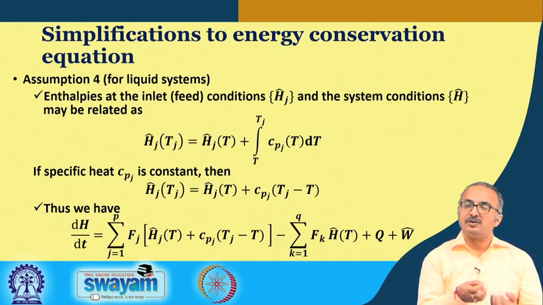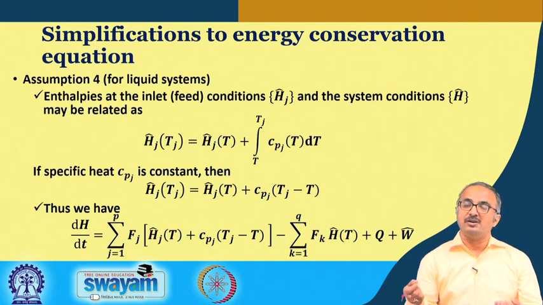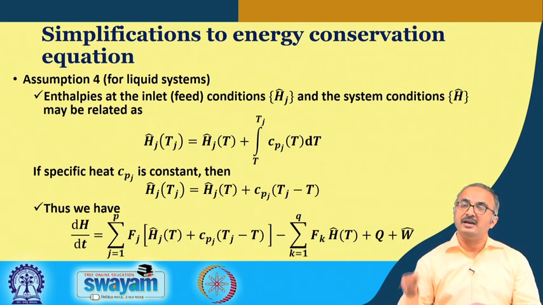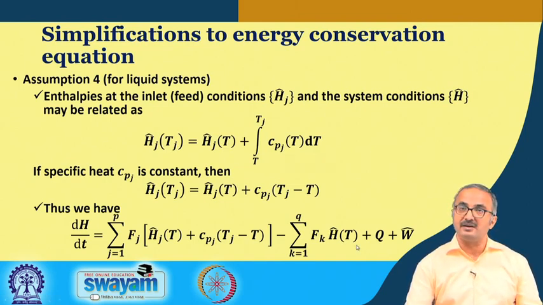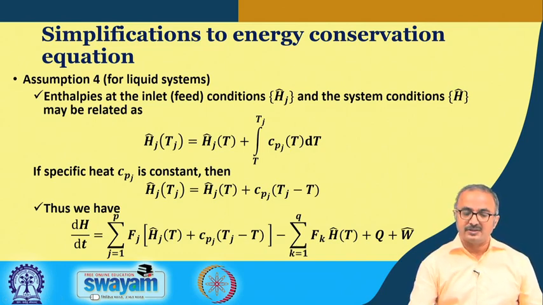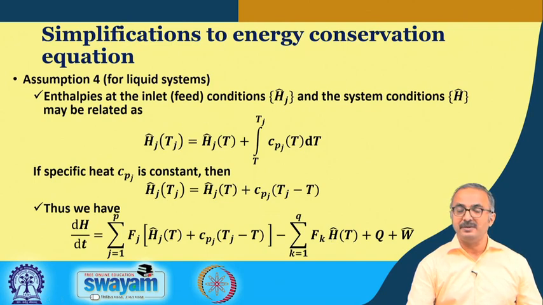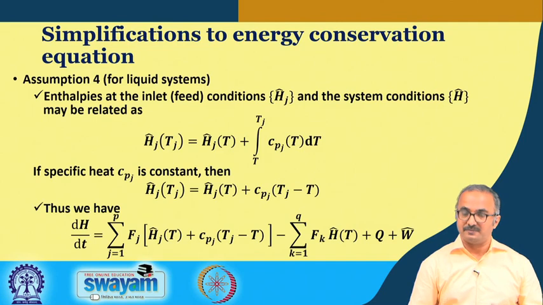Now, whatever liquid you withdraw from the vessel, you will find that the outgoing stream has the same temperature as the liquid inside the vessel. So, this is the way we see that the outgoing streams have the same condition as the system. Okay. So, there is no need to expand the outgoing stream enthalpy the way we have done it for the incoming streams.